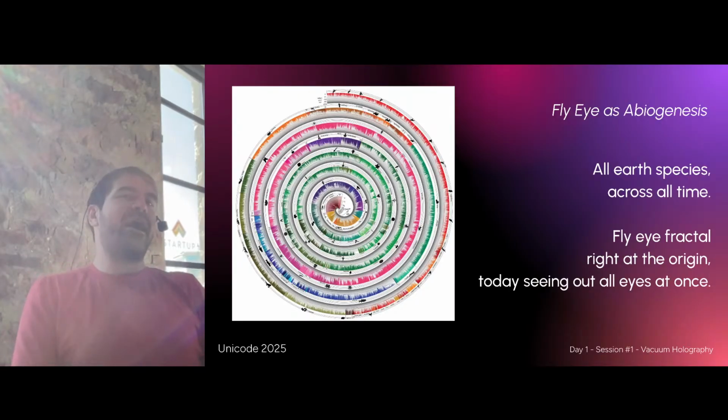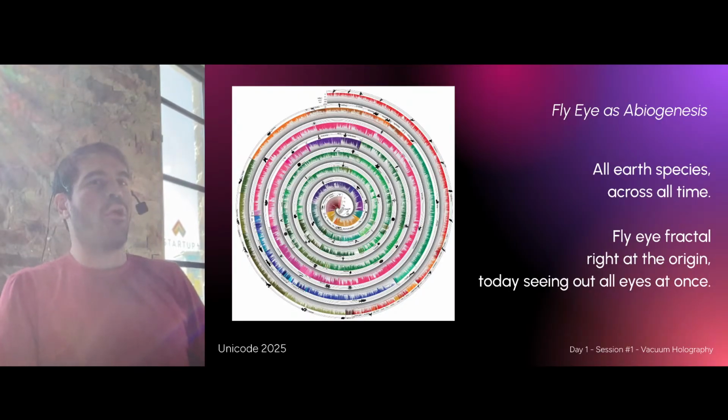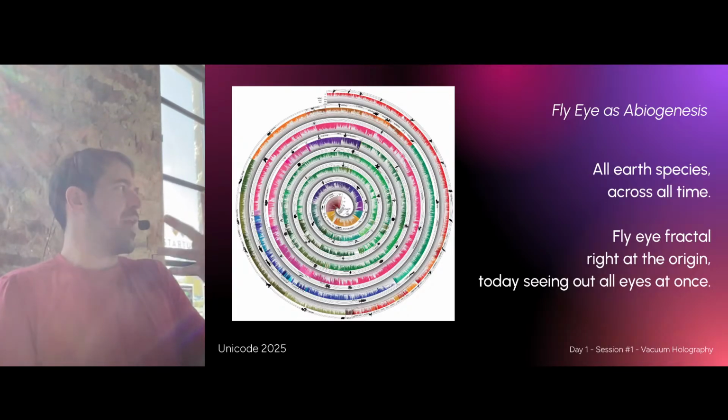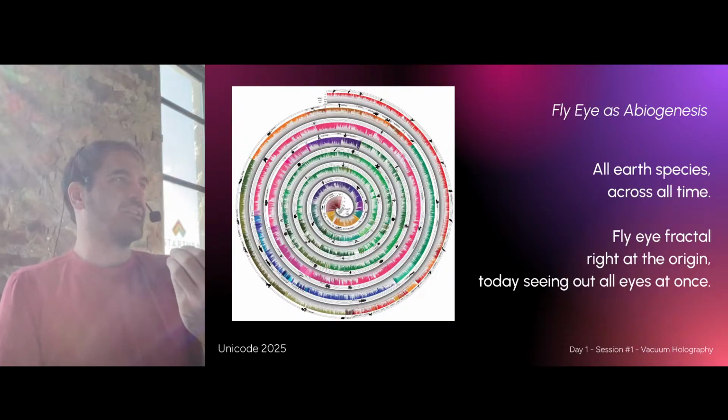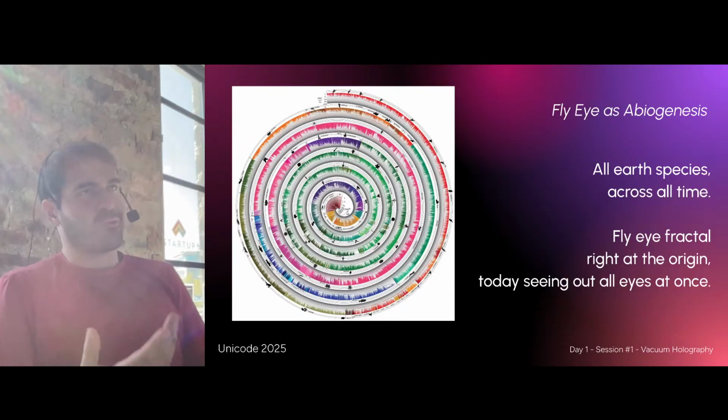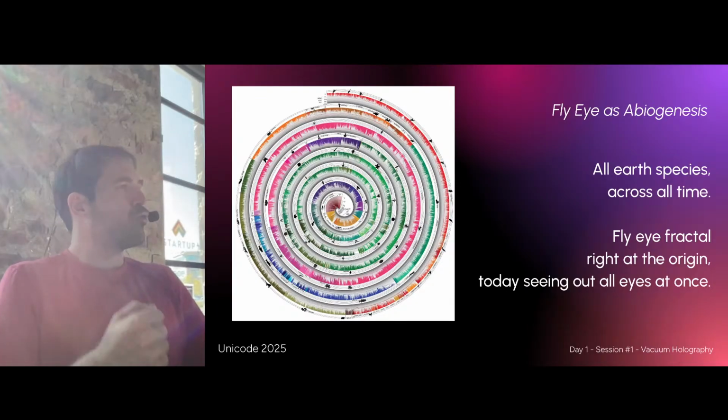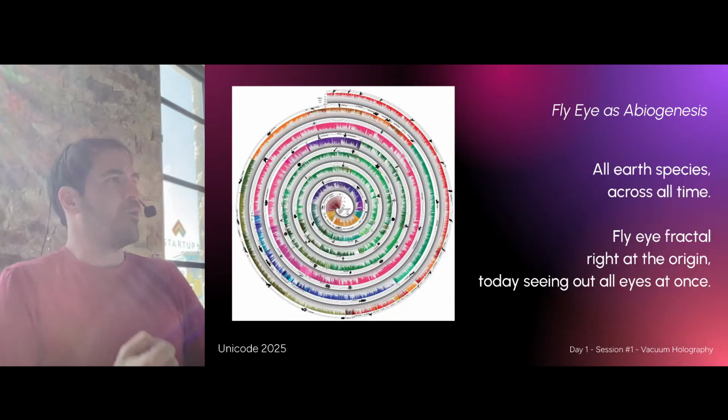So the fly eye as abiogenesis. All Earth species across all time, fly eye fractal, right at the origin, today seeing out all eyes at once. If you take that fly eye and put that right at abiogenesis, when the common trope goes, 3.5 billion years ago, the first cell started to form on Earth, and then all of the thousands and millions of species are now here today, right?